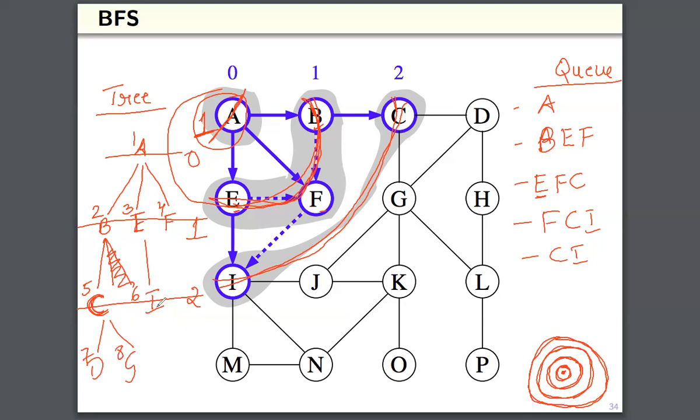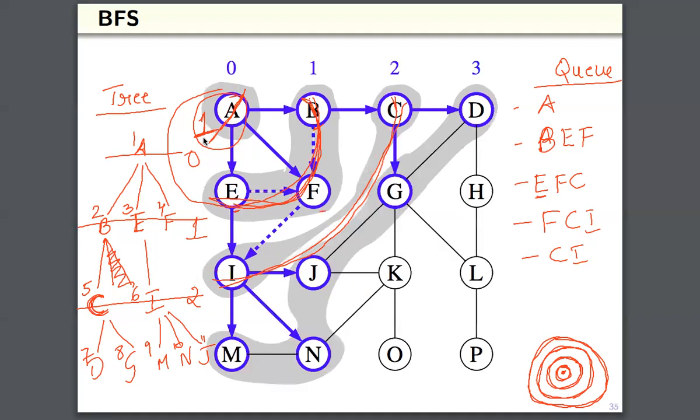Okay, and then expand I. M, N. M, N. And 9, 10. And J. Oh, J. You also have J, right? 11. Do you have anything else here? Right? So what do you see?